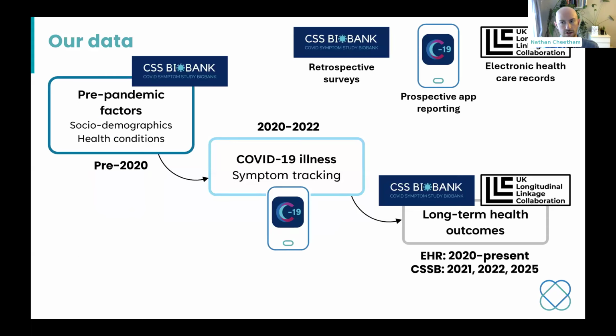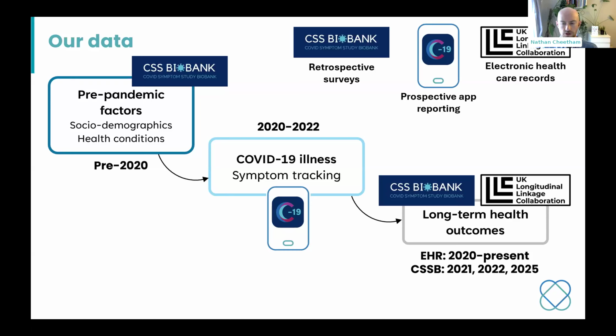And in combination, these three different data sets give us longitudinal information, so we can have information that goes from before the pandemic, based on the survey data that we've collected about people's circumstances before the pandemic started, including their health. Then we have detailed symptom tracking information from what people recorded in the COVID symptom study app.